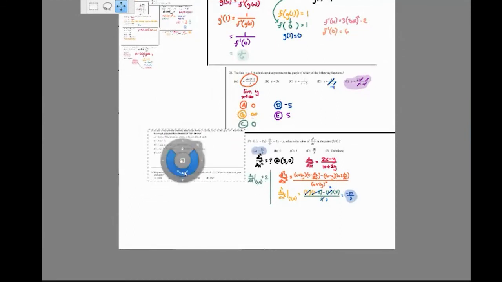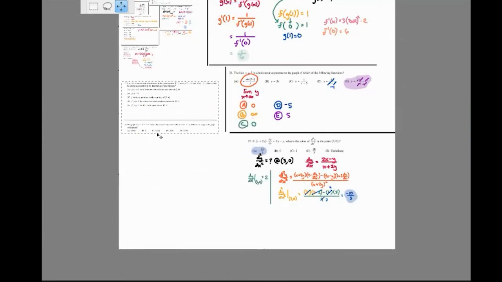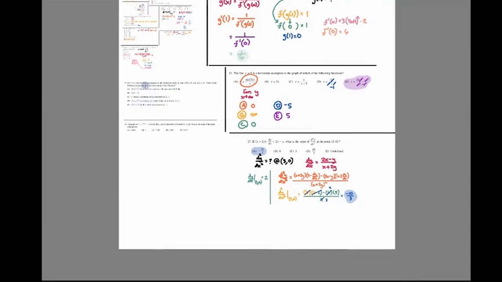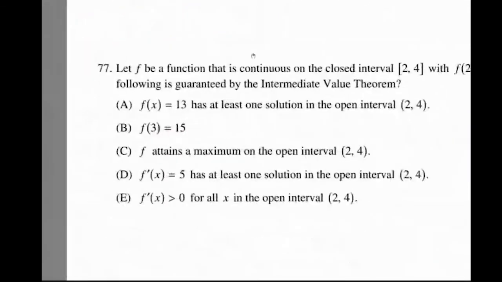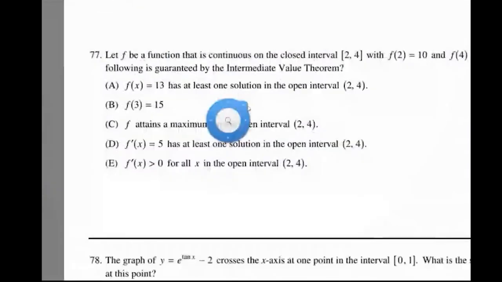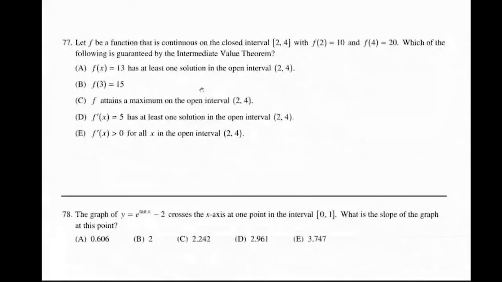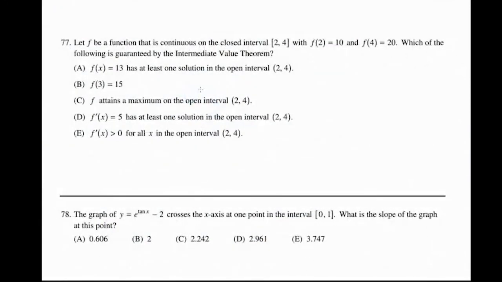Let's shrink this down here. All right, intermediate value theorem, if you remember, it just means that there's an intermediary, something in between. There's a value that's between certain values if it's continuous. We've done similar problems to this before.